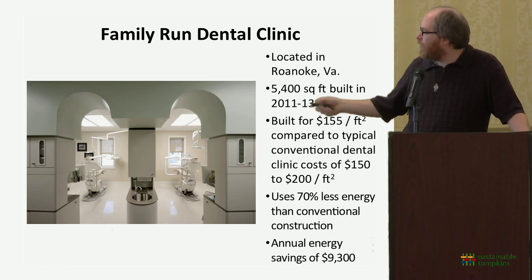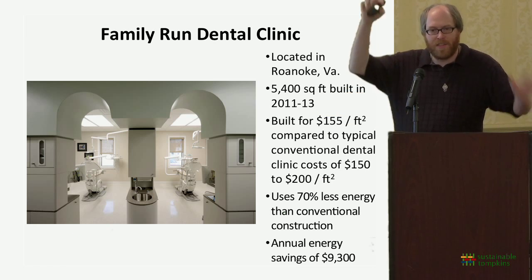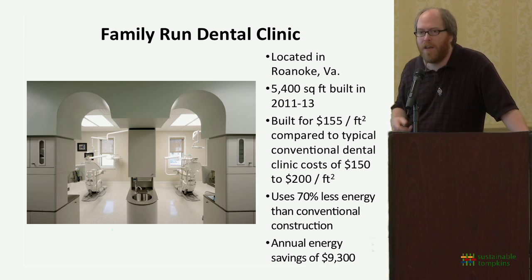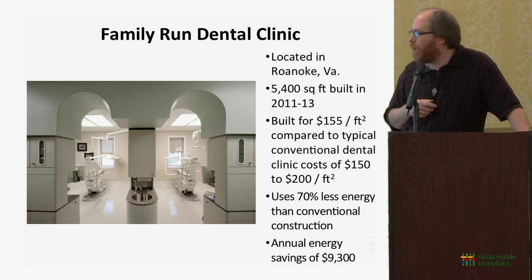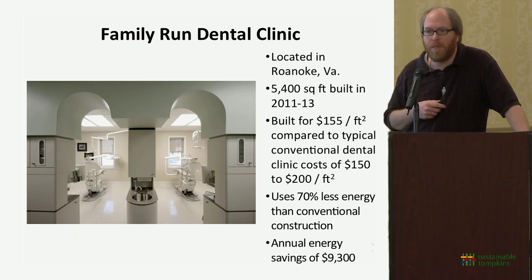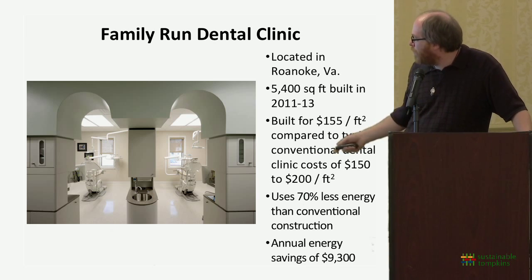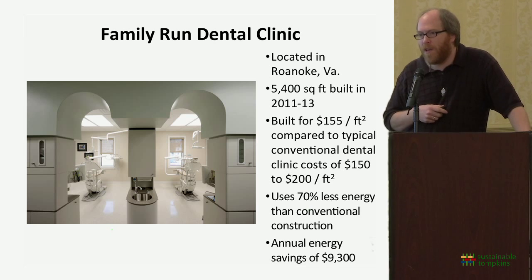You've got the dentist, the assistant, the patient, the lights. That's where your heat load is concentrated, so they pull that heat away from the chairs and redistribute it throughout the rest of the building so they can get very high efficiencies. They have annual energy savings of more than $9,000 per year.